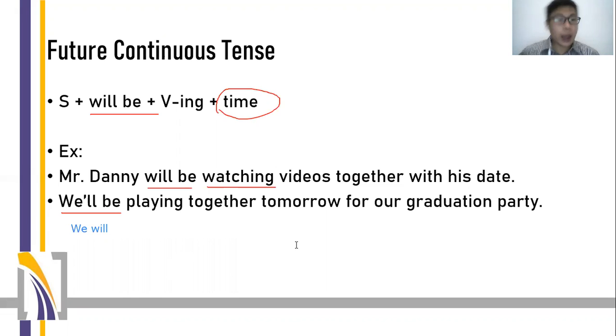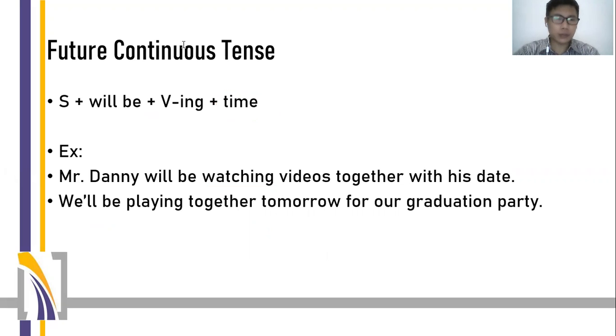So I'll, they'll, although it will be better if you use they will, he will, she will, rather than make a shortened version of it. Okay, that's it for the future continuous tense.